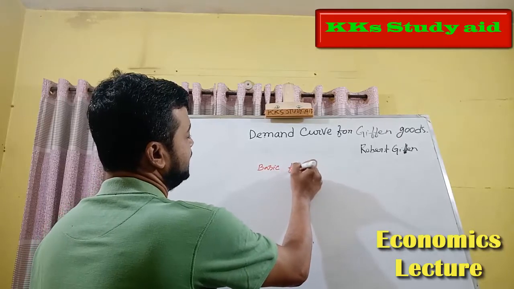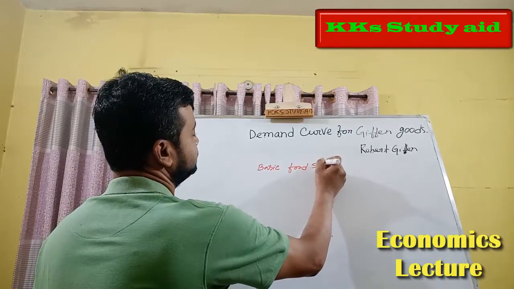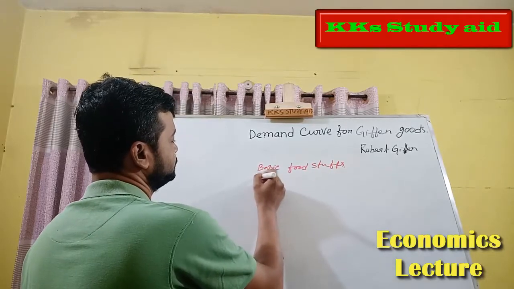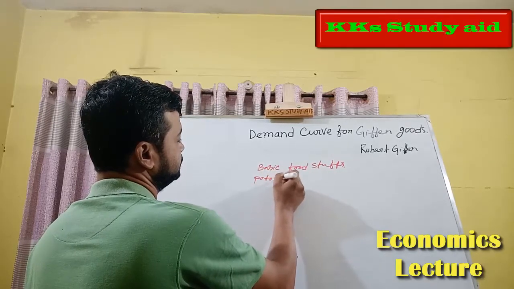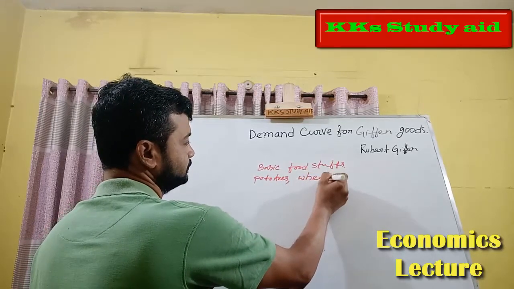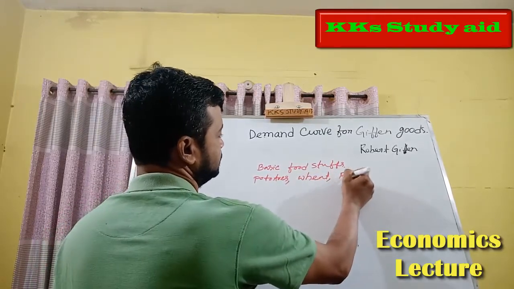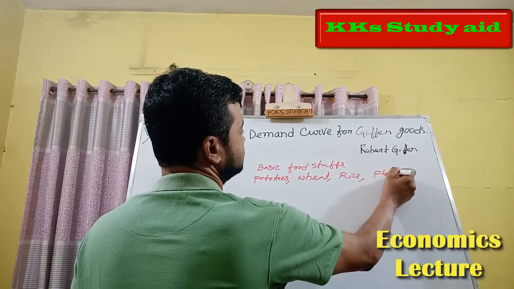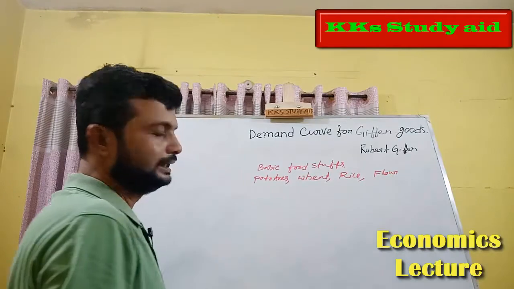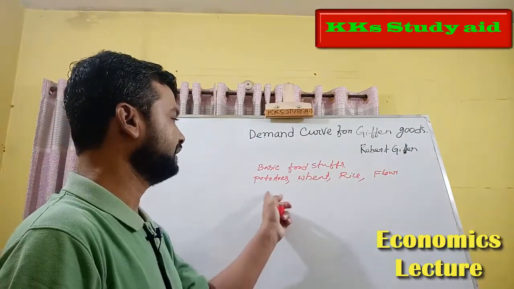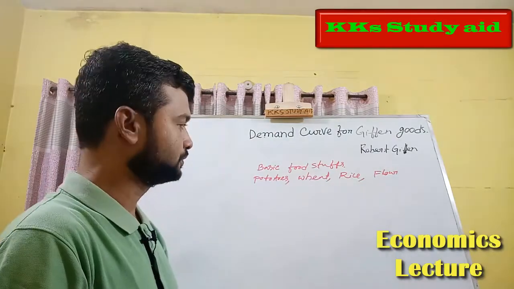Basic foodstuffs like potatoes, wheat, rice, flour. These are all basic foodstuffs and these are called Giffen goods.